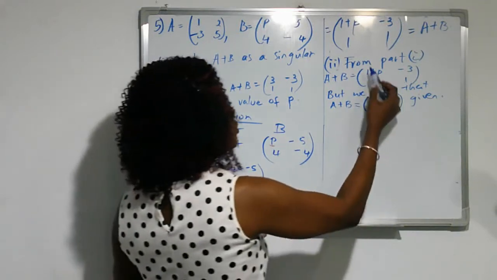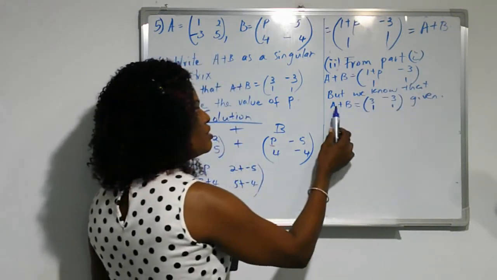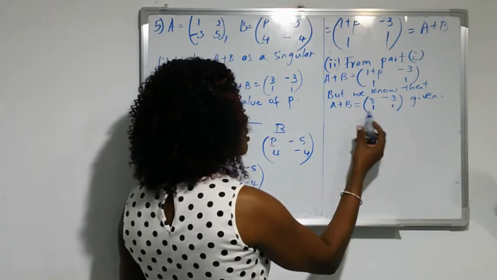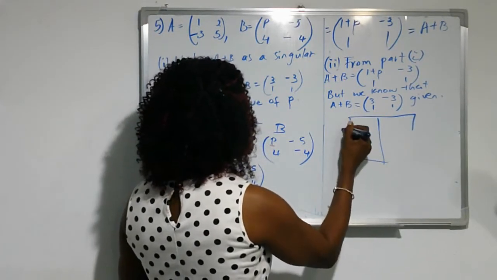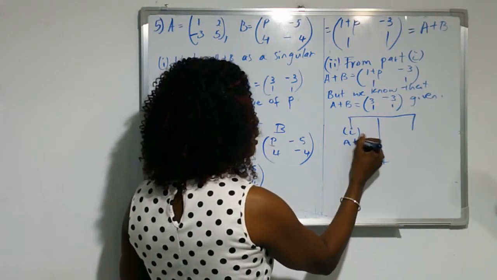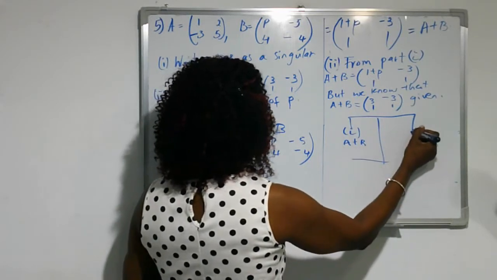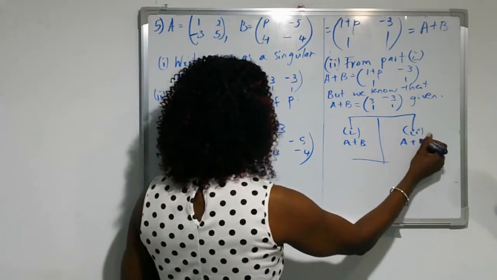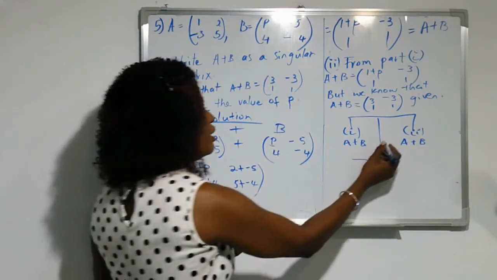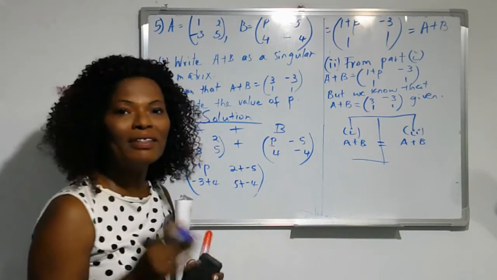Alright? So, this matrix is the same as this matrix. Kind of like a scale. And for part I, this matrix is A plus B. And for part 2, yes, this matrix is also A plus B, meaning that the equal sign tells us that they mean the same thing.